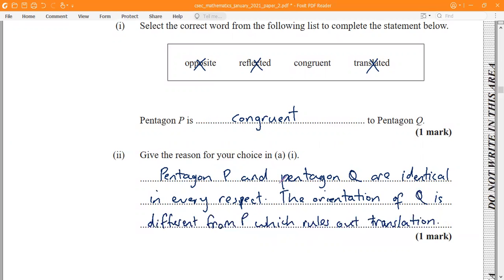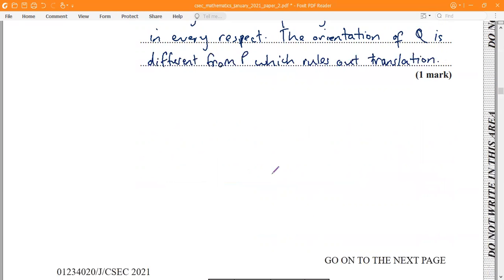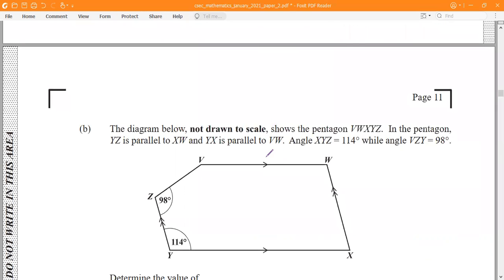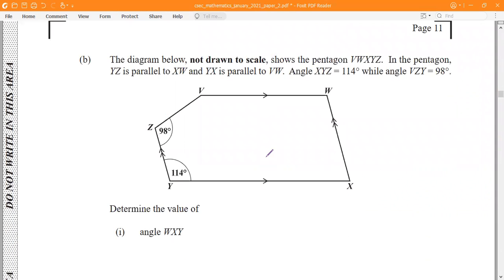Let's go ahead now. We have a pentagon again. We are given some angles, and there are some lines which indicate certain lines are parallel to each other. We are asked to find the angle WXY, the angle in the middle.